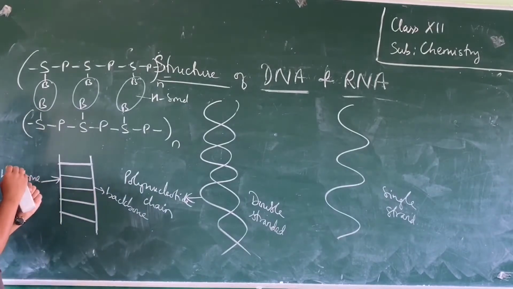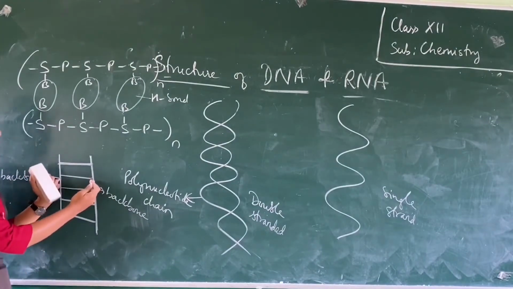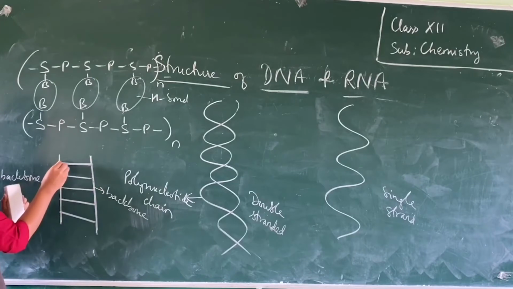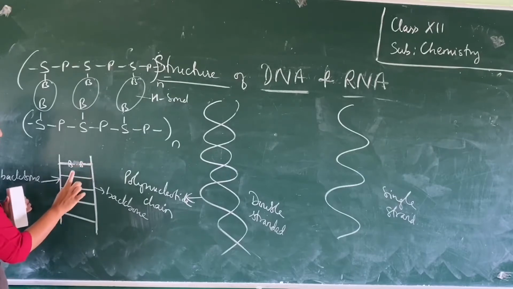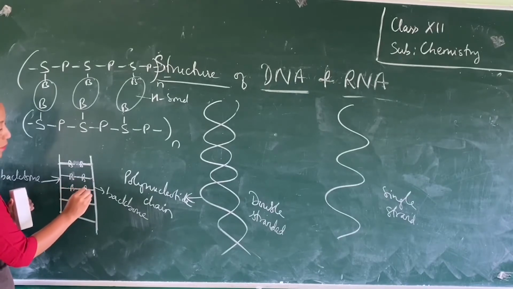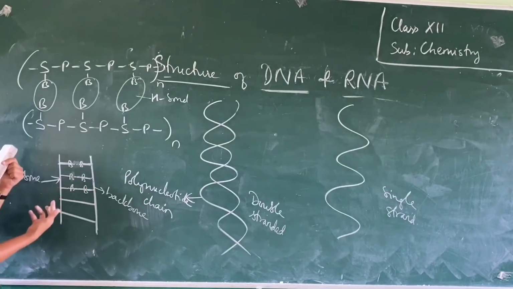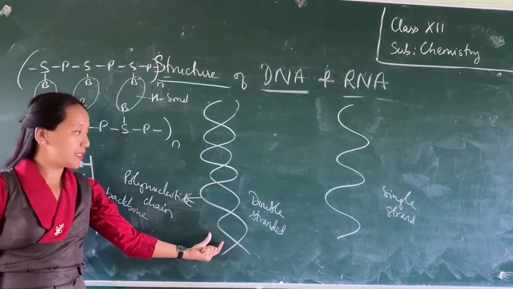These two backbones are connected through the bases. This base will form hydrogen bonding with this base. That's how a double-stranded structure is formed in the case of DNA. When you twist this structure, you will get a double-stranded helical structure.